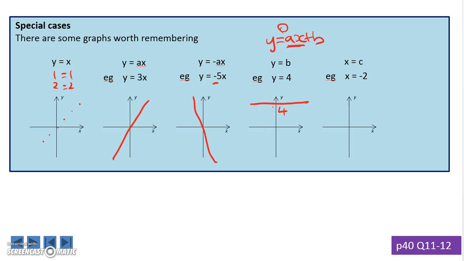And then the last one is when x equals a particular number. If we have a look at this, x equals minus 2, it means for every value of y, all the way up here and down there, x equals minus 2. So there are some of the exceptions you might come across.